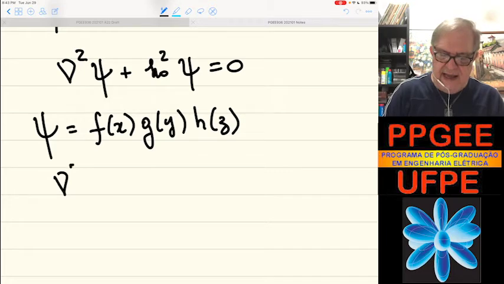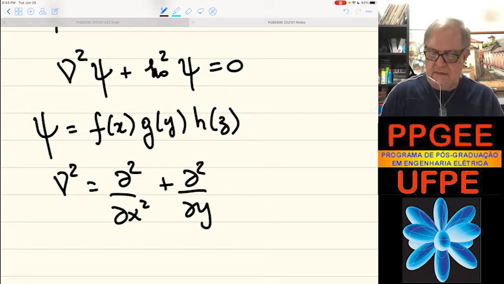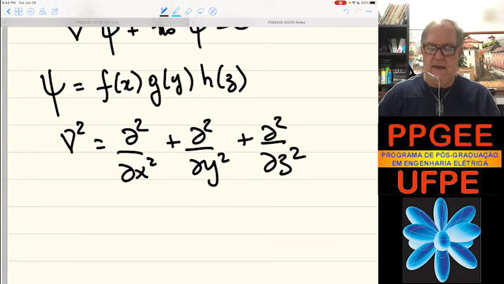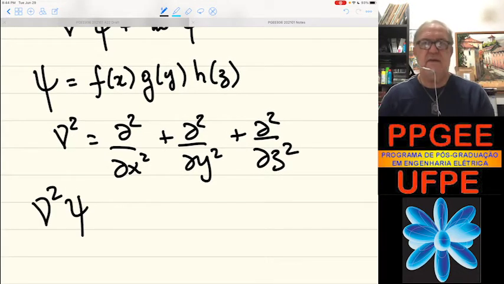So we're going to seek those solutions. Let's recall that the Laplacian is the sum of second derivative operators. And when we apply the Laplacian on psi, we only have a derivative of one of those functions.